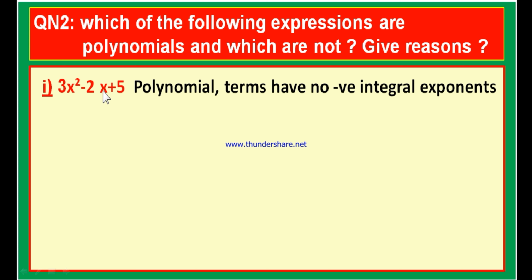Minus 2 into x means minus 2 into x power 1. 1 is a positive integer. And 5 into x power 0, it is also a non-negative integer. Therefore, since all the terms of this expression contain a variable x, and in all these terms you can find the exponent of the variable is a non-negative integer, this expression is said to be a polynomial.